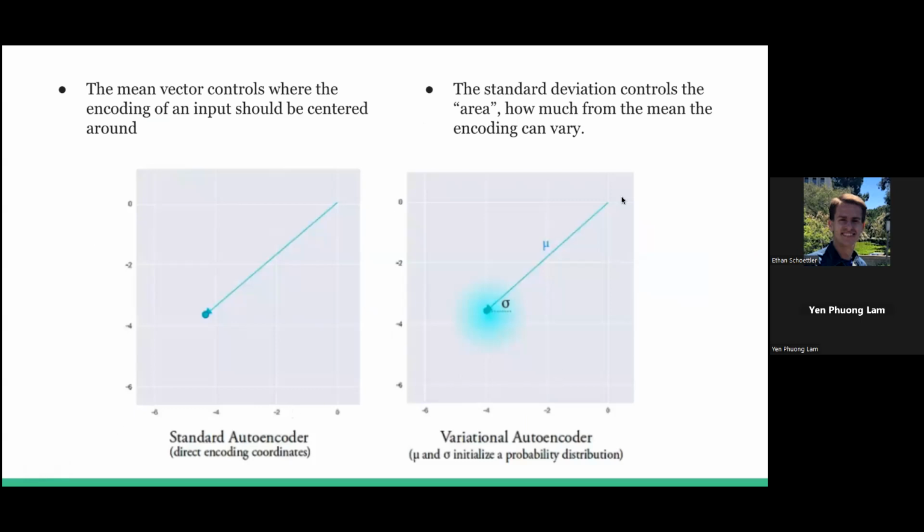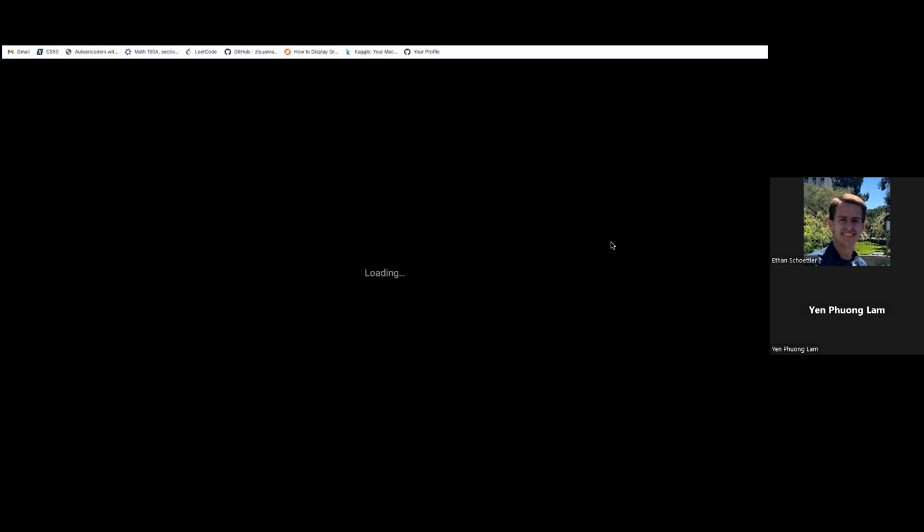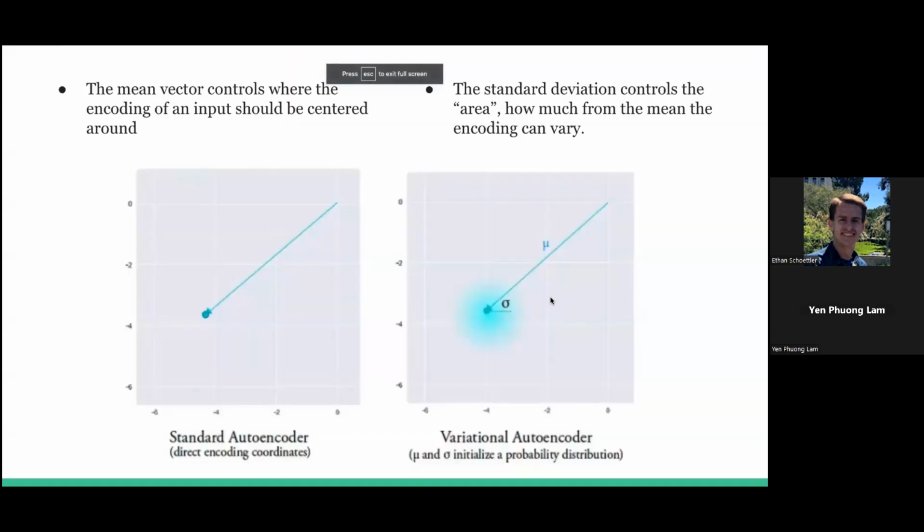So here is an example of the difference between the normal autoencoder and the variational autoencoder. The mean vector shows us the point of the output, and the standard deviation shows us the area where the encoding of the input is located.